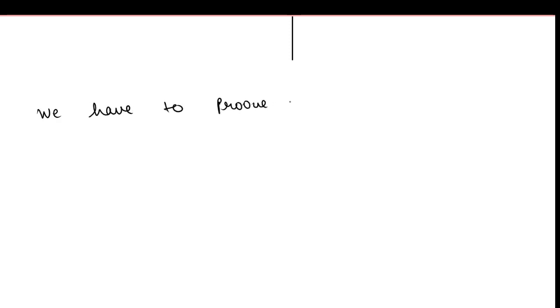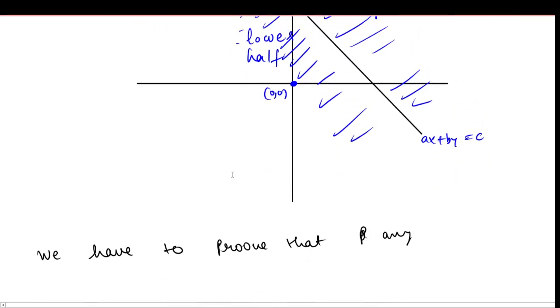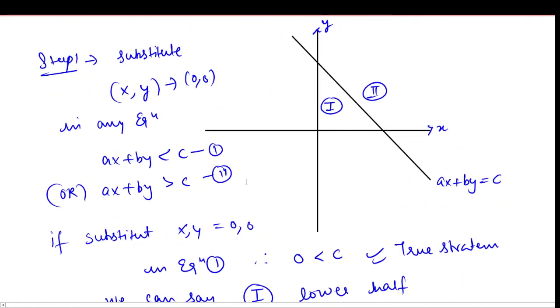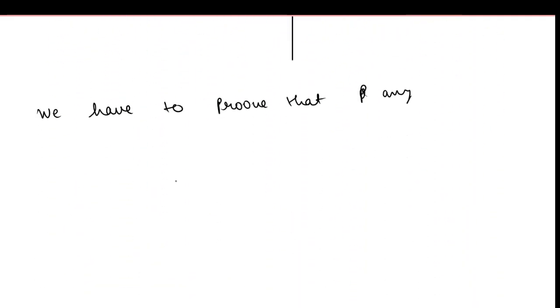So next we have to prove that any point in half plane 2 satisfies the inequality ax plus by greater than c.